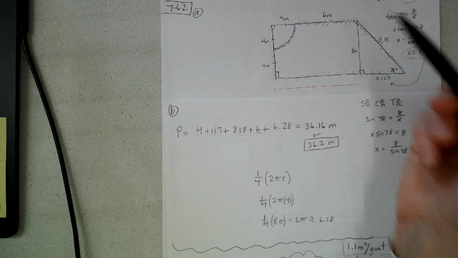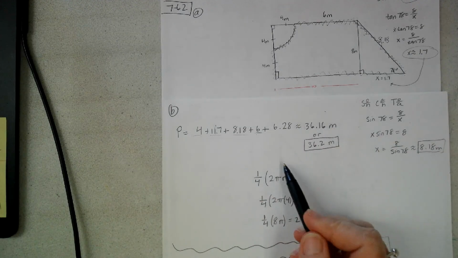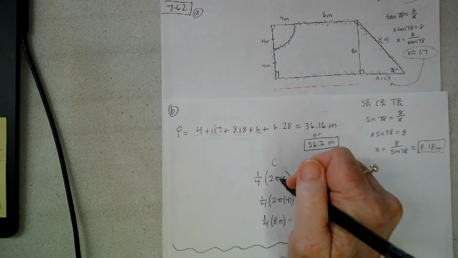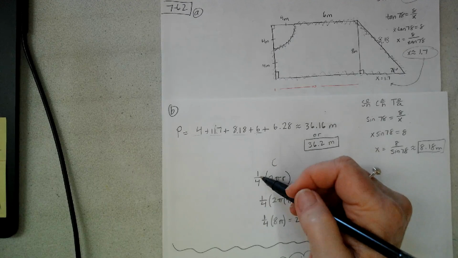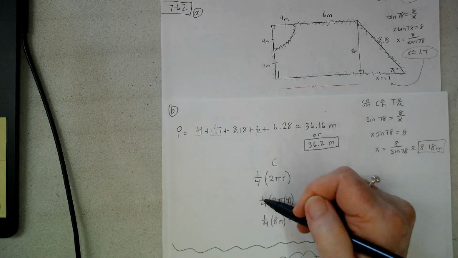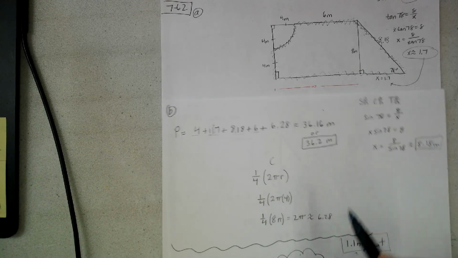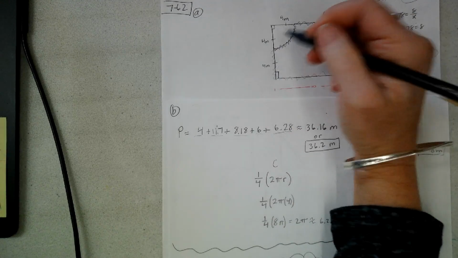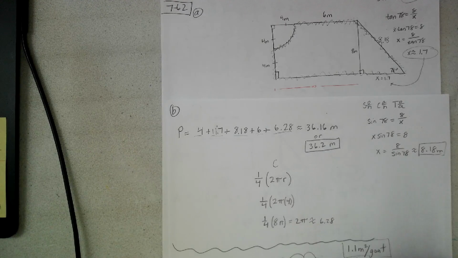And how do I know that? This is the perimeter, or we'll say circumference. The circumference of a circle is 2 pi r. That's just the formula. And since it's a quarter circle, I went 1/4. And then I plugged in 4 for r. And I did this math, and I got 2 pi is 6.28. So that's why I'm adding this 6.28 here. Okay, and now I'm all the way back around to where I started. So if you add all that up, you'll get 36.2.